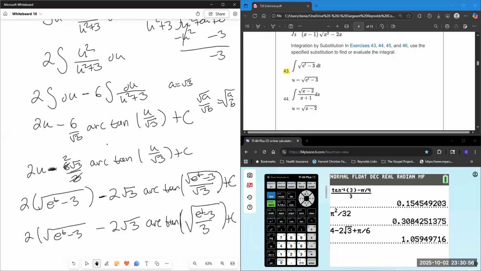The book liked it better with the square roots split top and bottom, so that's the way we'll write it. And let's see, I really don't need these parentheses around this. Just put this 2 directly in front of that. And that's good. Let's look now at 47.